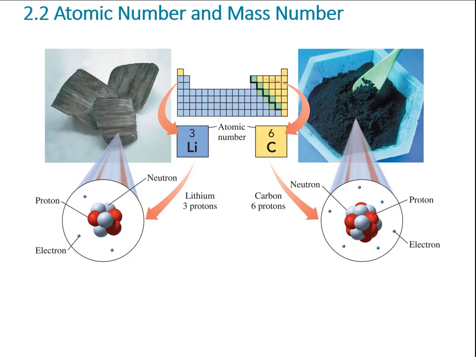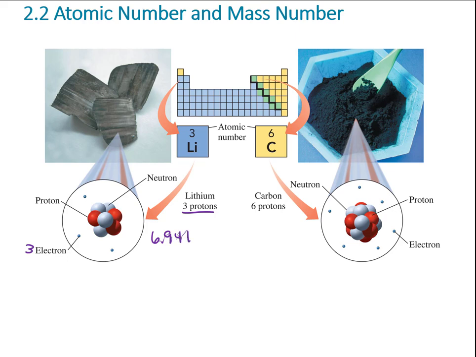So here's lithium, Li. If you look at lithium, the number above tells me that I have 3 protons, right? Because it's atomic number 3. It also tells me that I have 3 little electrons running around. Now, if I look at the atomic mass, what is it? 6.94.